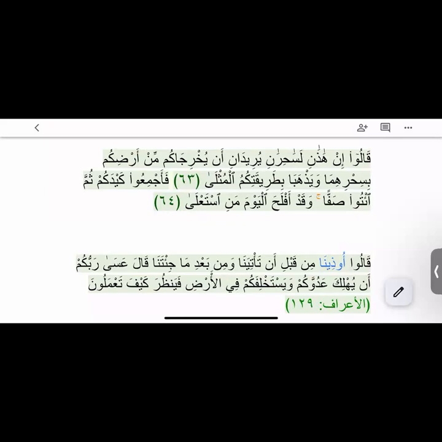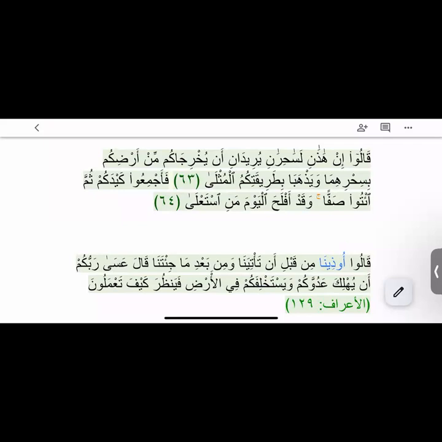So yes, common ism. The same pronoun is seen in yuridani, right? When I taught you complex sifa, I told you you will see the pronoun. The pronoun is going to be there referring to the common ism. Sahirani.